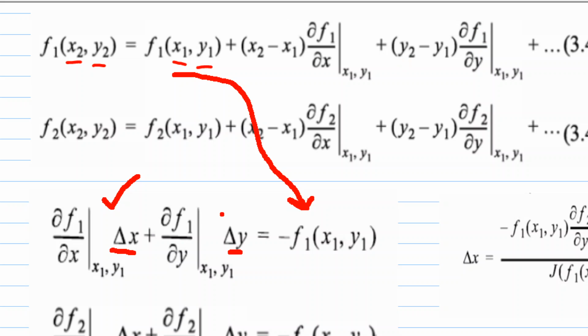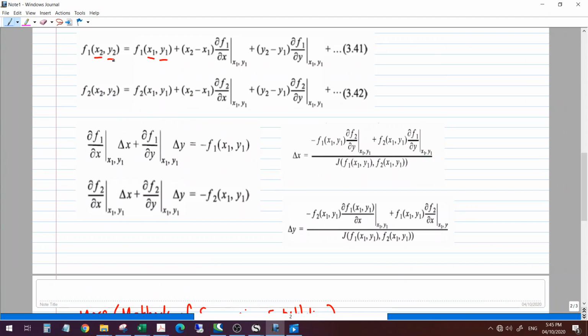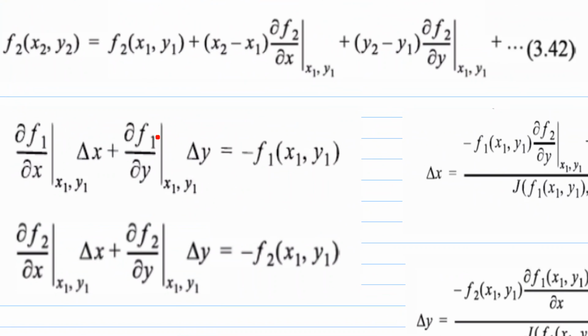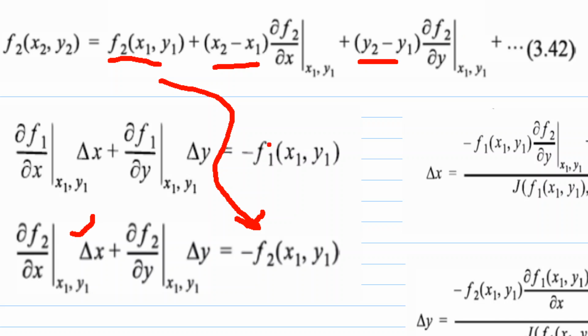Similarly with the second function, we write negative f2 here, equals delta x df2 dx plus delta y df2 dy.